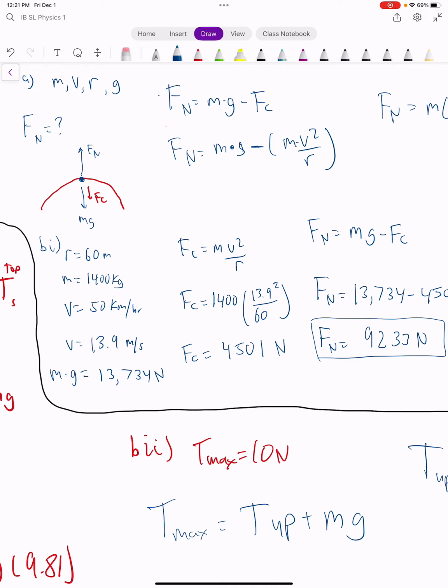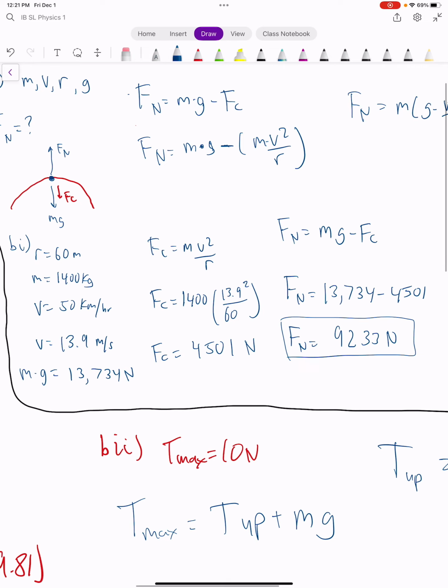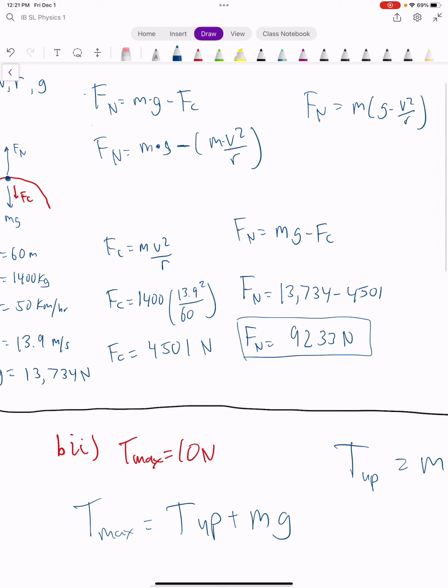We know that our centripetal force must be equal to 4,501 because we have the speed. So if we have the speed, we know what the centripetal force is. If the centripetal force is 4,501, we can solve for Fn by just plugging in the weight here for mg and then solving for Fn.